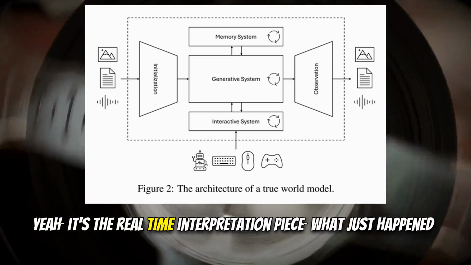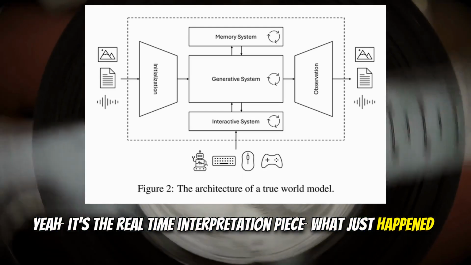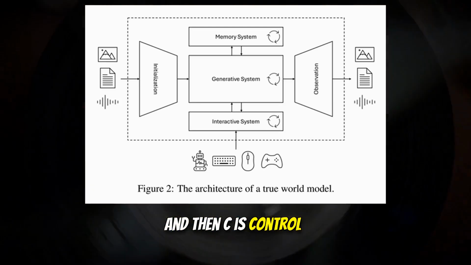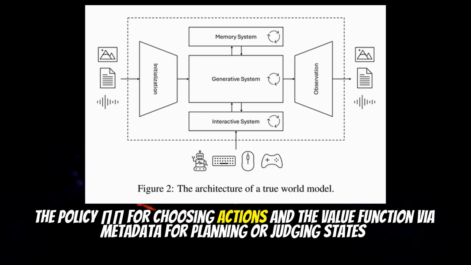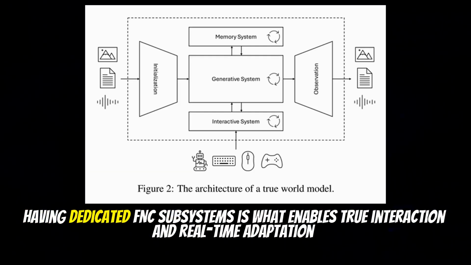Yeah, it's the real-time interpretation piece, what just happened. And then C is control. That's the agent's brain, basically. Right. The policy for choosing actions and the value function V_omega for planning or judging states. Having dedicated F and C subsystems is what enables true interaction and real-time adaptation.